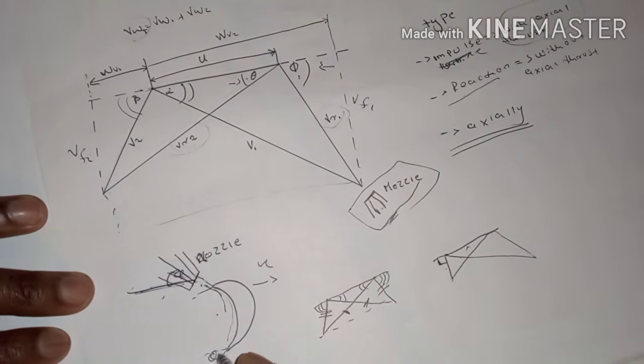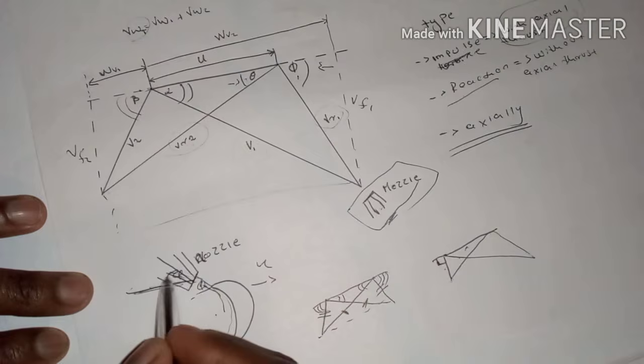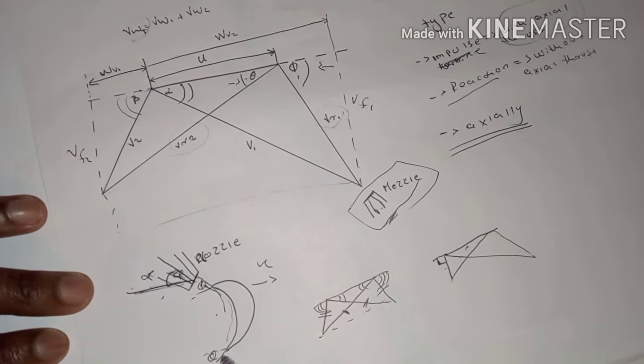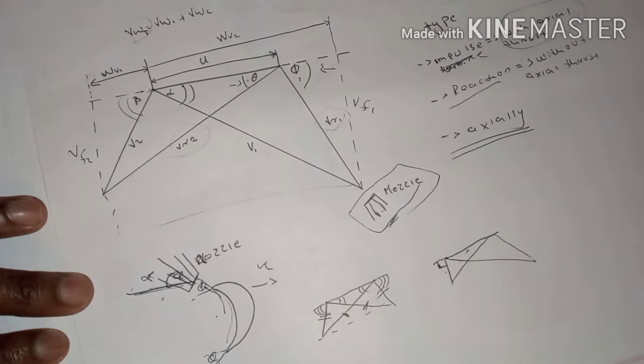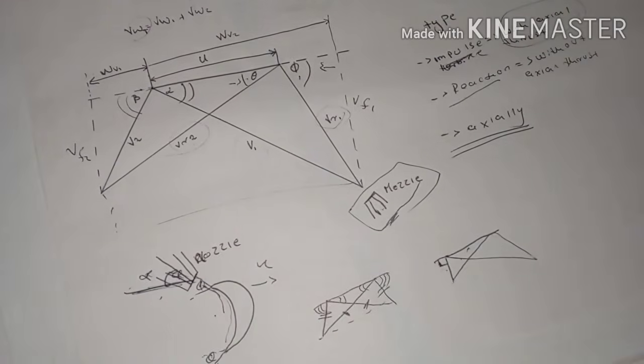So this will be theta, this will be phi, this will be alpha, and the angle at which the steam leaves the blade is what we call beta. This is what we know from Power Machines N5.